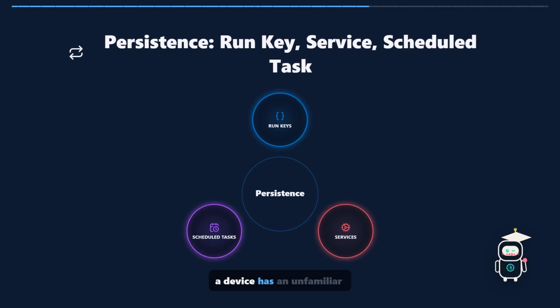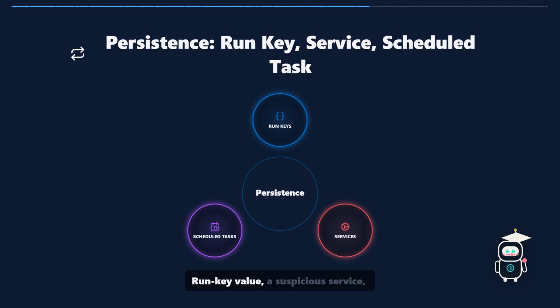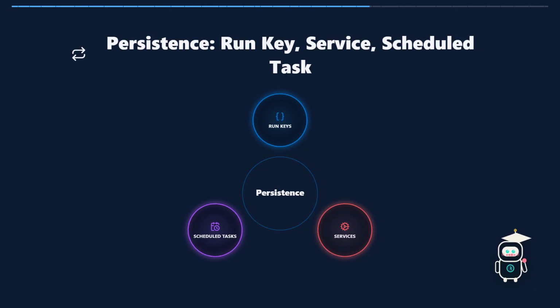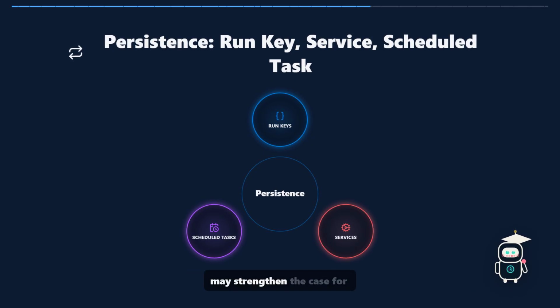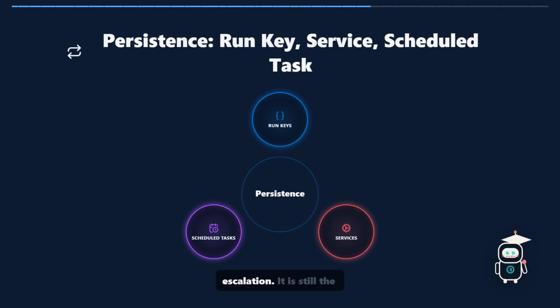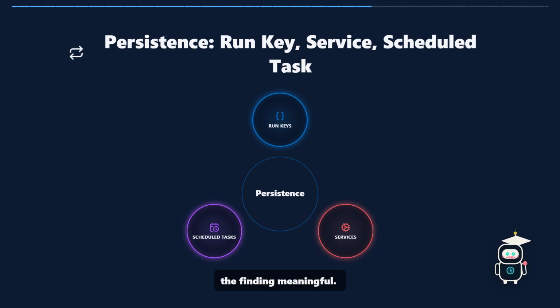If a device has an unfamiliar run key value, a suspicious service, and an unexplained scheduled task that all point to the same file or account, that may strengthen the case for escalation. It is still the correlation, not one artifact alone, that makes the finding meaningful.